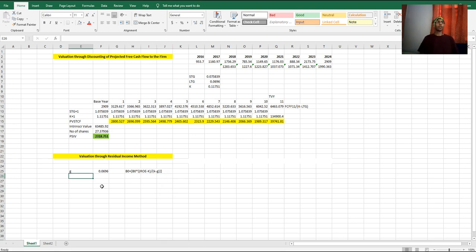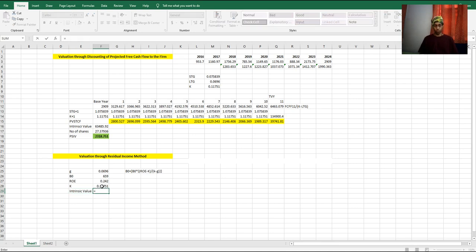So I think we have the numbers for this, guys. B0 is 659. Return on equity is 0.242. Cost of capital is 0.11751, right? I think all these values are needed and we have all these values. So now we calculate the intrinsic value.